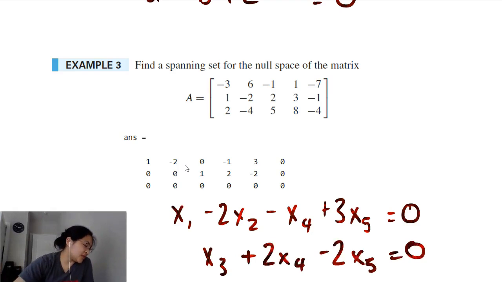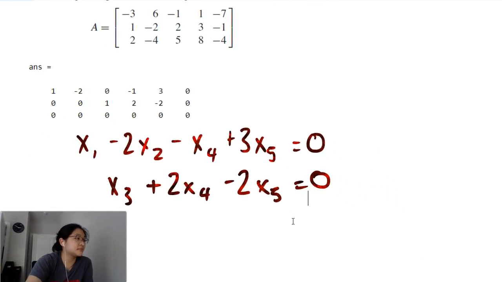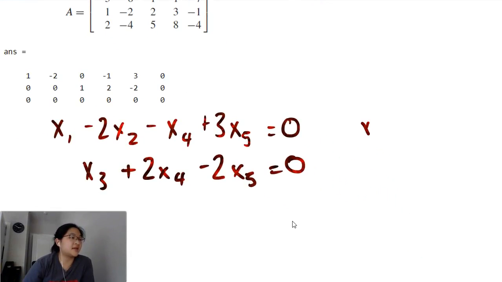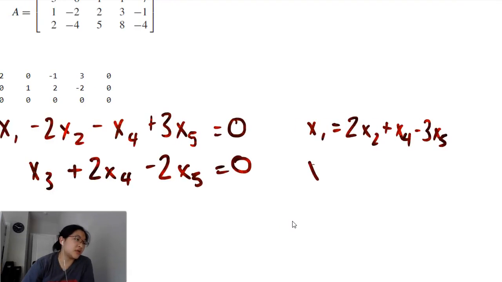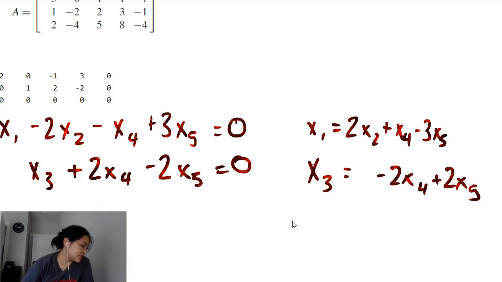And from here, we can write this as x1 equals 2 x2 plus x4 minus 3 x5, and also x3 is negative 2 x4 plus 2 x5, and x2, x4, and x5 are all free.